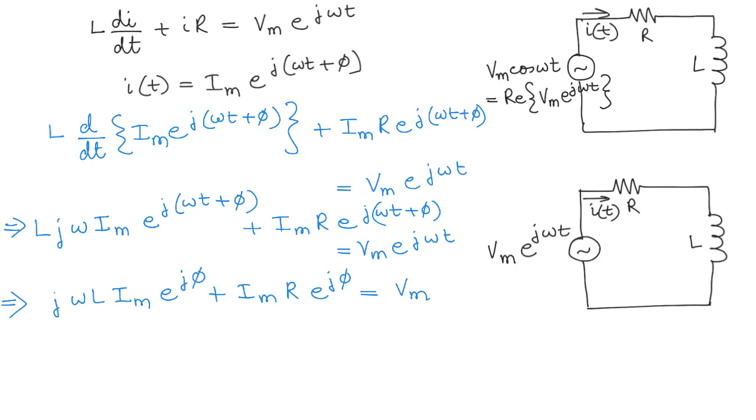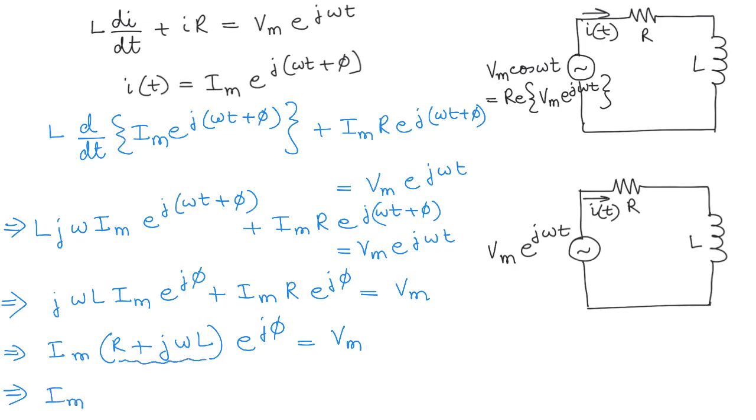Okay, and from here we should be able to calculate Im and phi. How are we going to do that? You can write this as Im times R plus j omega L, times e to the power j phi, equal to Vm. Okay, and what's the magnitude of this complex number?